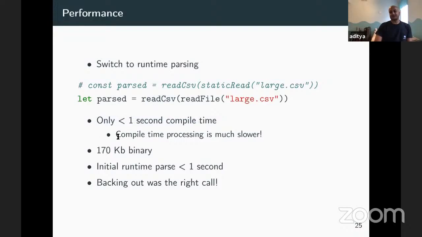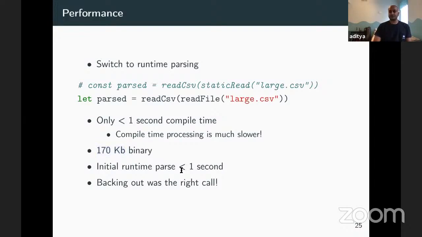And you should expect this because now the compiler is doing less. Compile time processing is much slower than runtime processing. Generating that lookup table is much slower at compile time than it is at runtime. And the size of the binary went from 22 megabytes to 170 kilobytes.